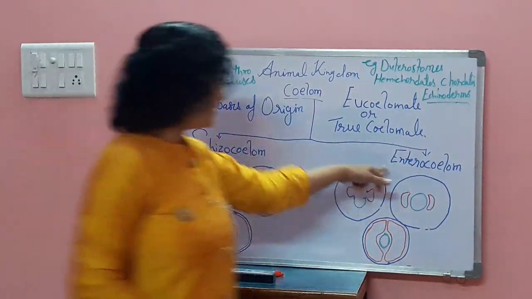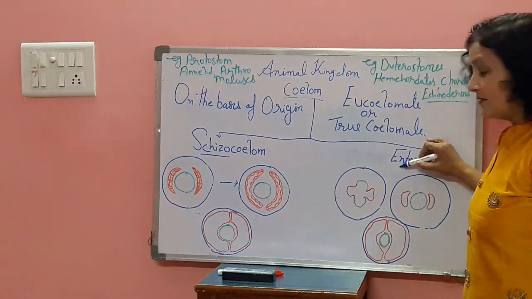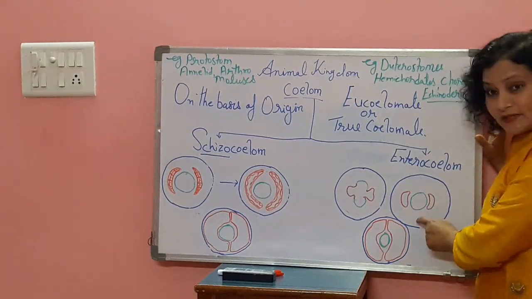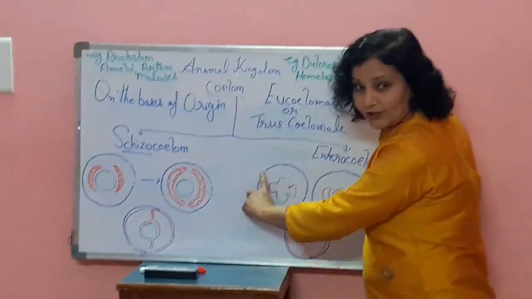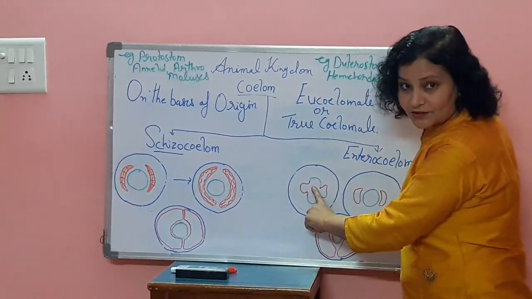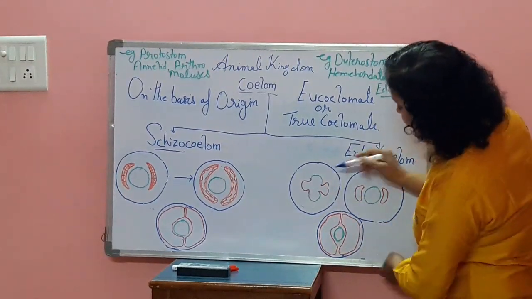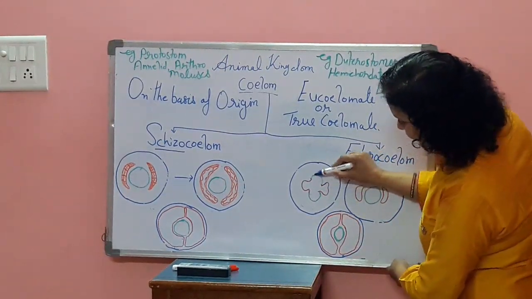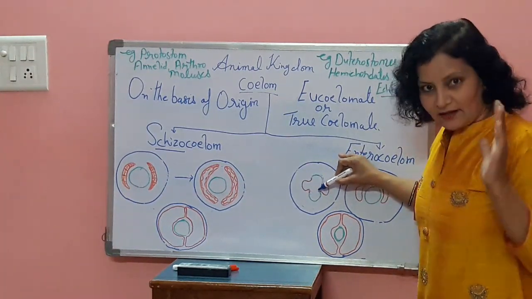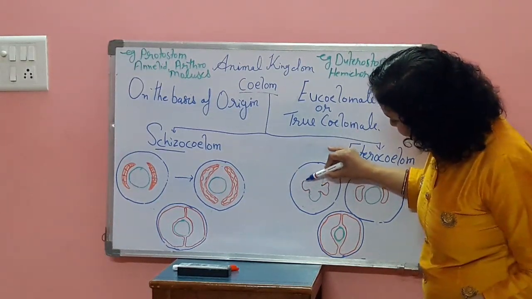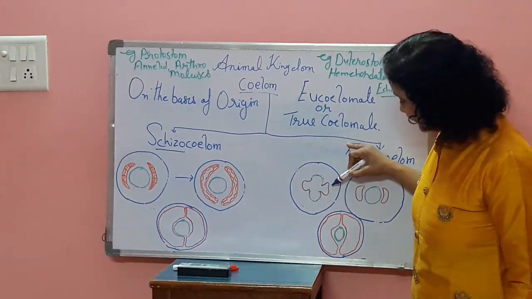The term enterocoelomate explains itself. Here the coelom arises from the mesoderm. But where is the mesoderm from? Ectoderm forms the body wall. Endoderm forms the gut. Here mesoderm arises from the outer growth of the alimentary canal. Here these green linings indicate the gut. Red hollow outgrowths arise from the outermost wall of the gut.